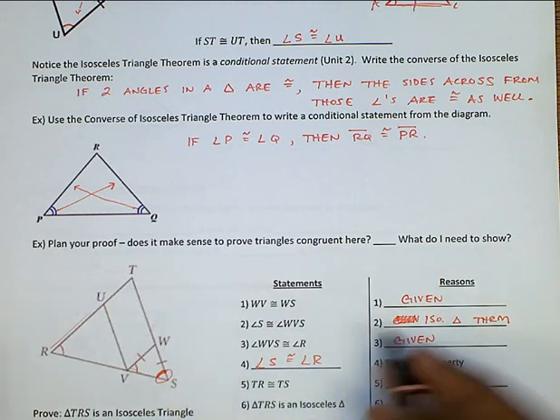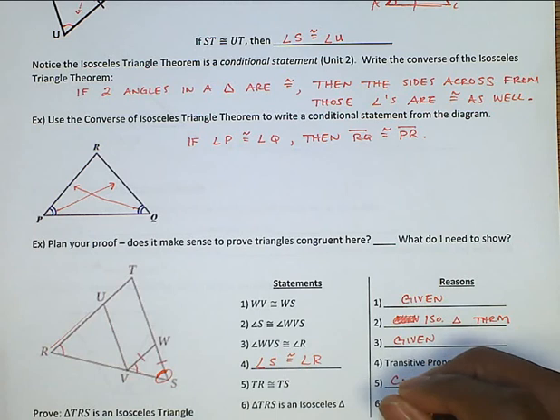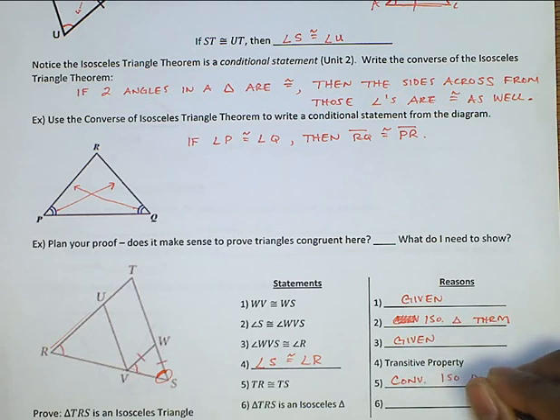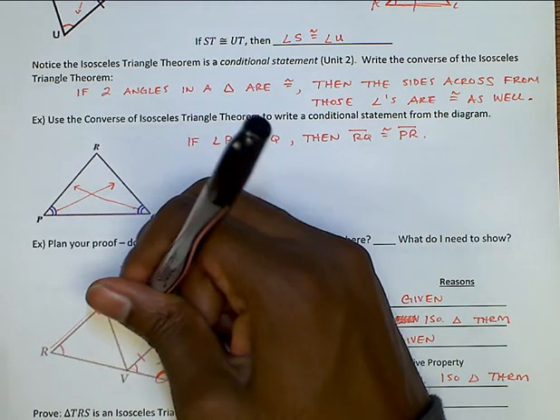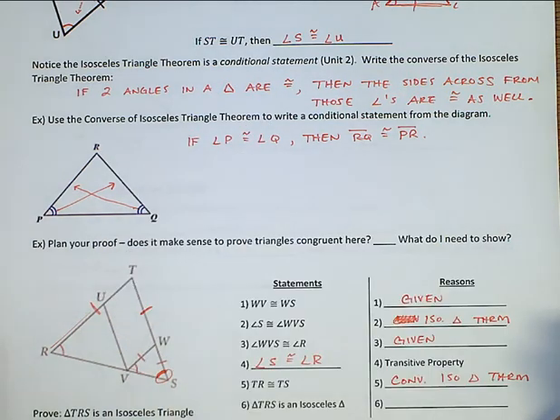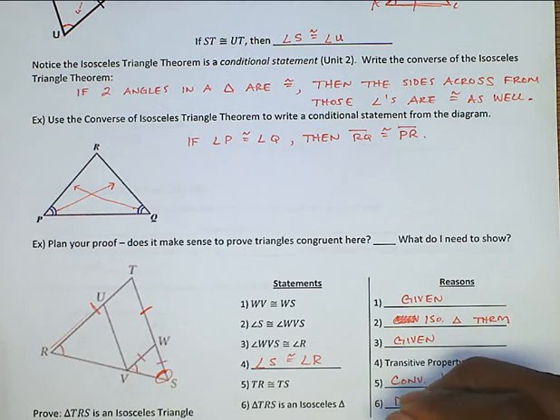So we're proving those sides congruent using the converse of the isosceles triangle theorem. So I'm going to mark that. Triangle TRS is an isosceles triangle. Why? The definition of an isosceles triangle.